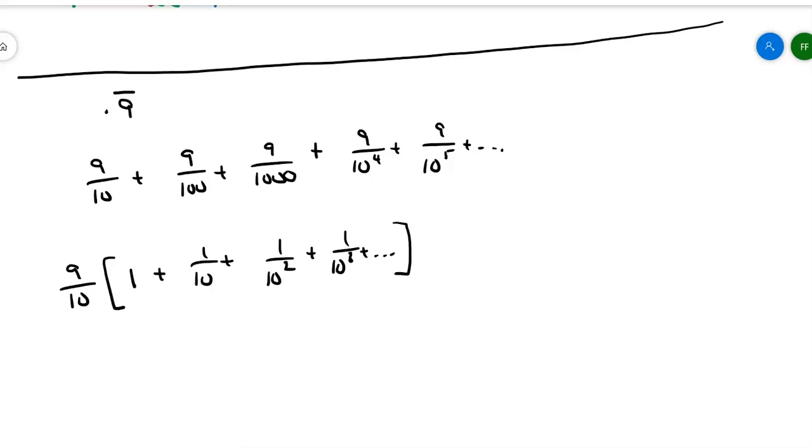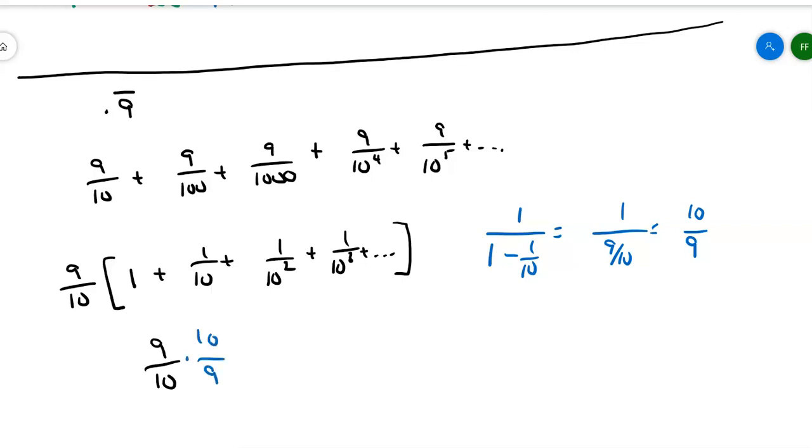It converges to a over 1 minus r, so 1 over 1 minus a tenth, which is 1 over 9 tenths, which is 10 ninths. And now suddenly a funny thing happens. We have a 9 tenths over here. We said that that geometric series converged to 10 ninths. And when you multiply those things together, you get 1.